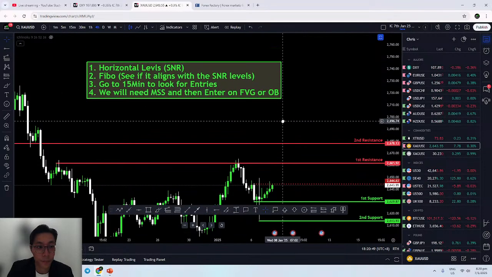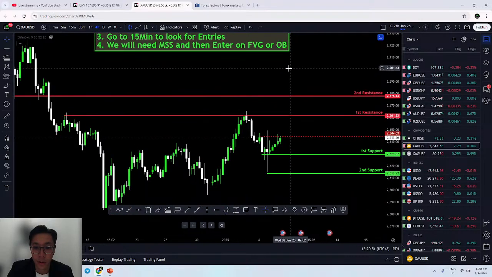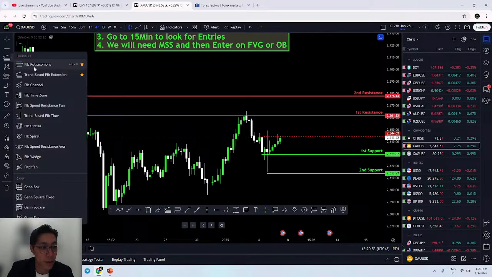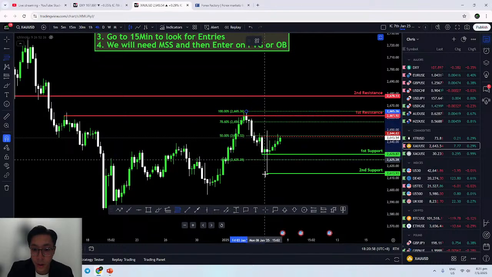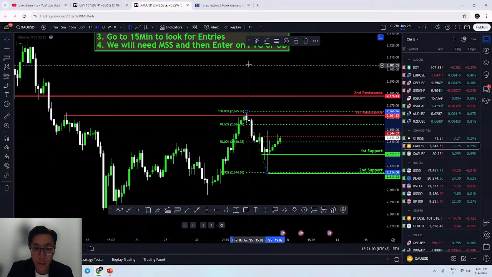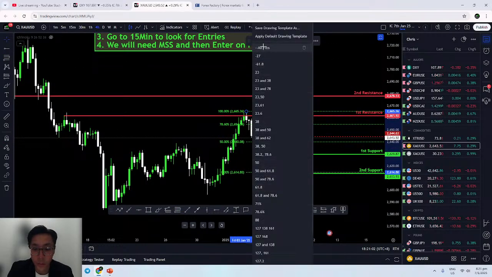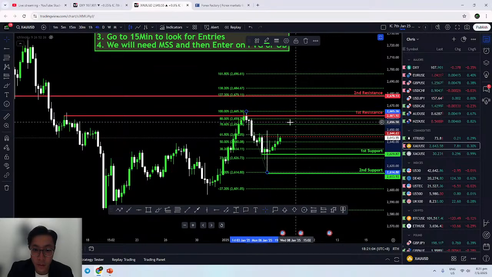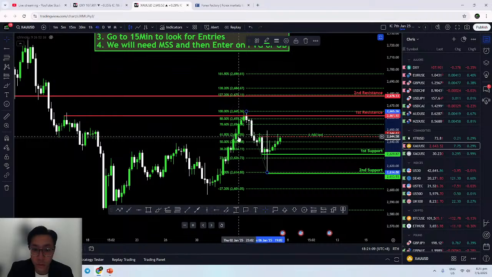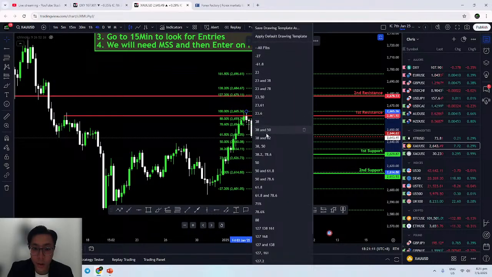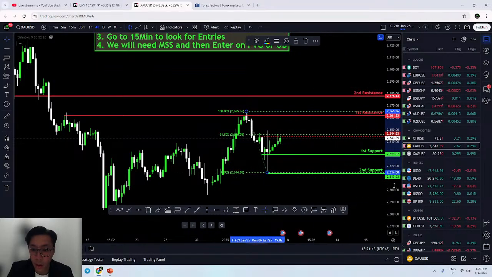Okay, next thing, Fibo. Let's see any fib levels. So we will start off with fib levels here. From this high to this low, what can we see? Can we find any fib? So I'll just put all fibs. This level should be 61, but 61 has already been tapped.